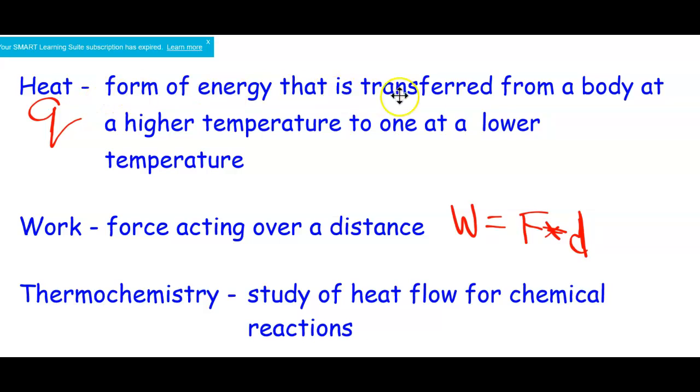And heat is the form of energy that transfers from a body at higher temperature to one at lower temperature. Work has a lowercase w equals capital F times lowercase d. Work is equal to force times distance. So work is force acting over a distance, and thermochemistry is the study of heat flow for chemical reactions, and that's what we're going to look at in this unit. Please make sure you include the pieces in red on the screen in your notes.